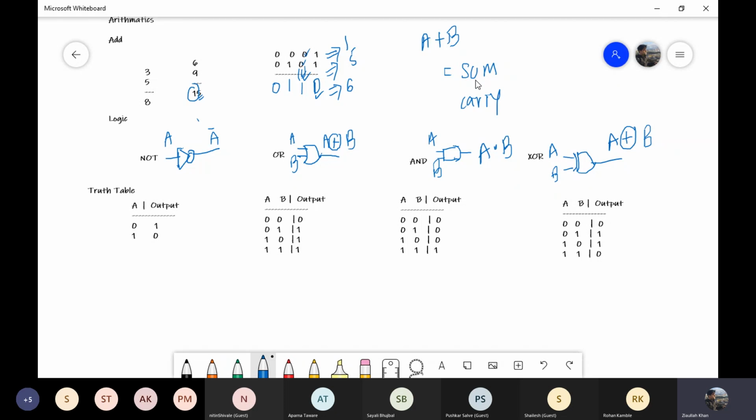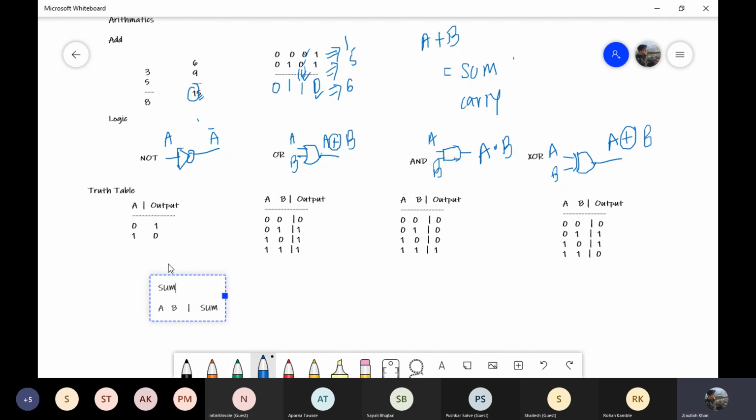Now with this, let's go ahead and define what happens to sum. When you do a sum of 0 and 0, you're going to get a 0, right? So for a 0 and 0, you're going to get 0. So let's write sum over here, and probably I can do better if I start typing. Put a sum here. Right, this is line A, this is line B, and the output we're going to call sum.